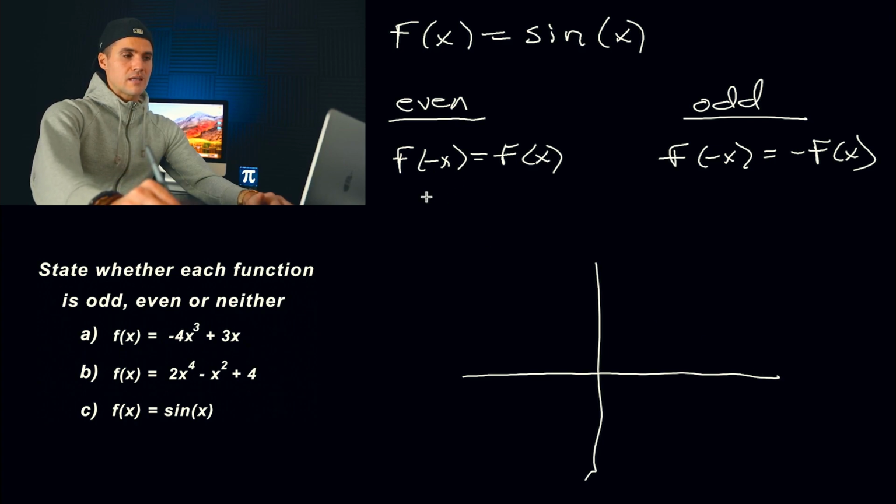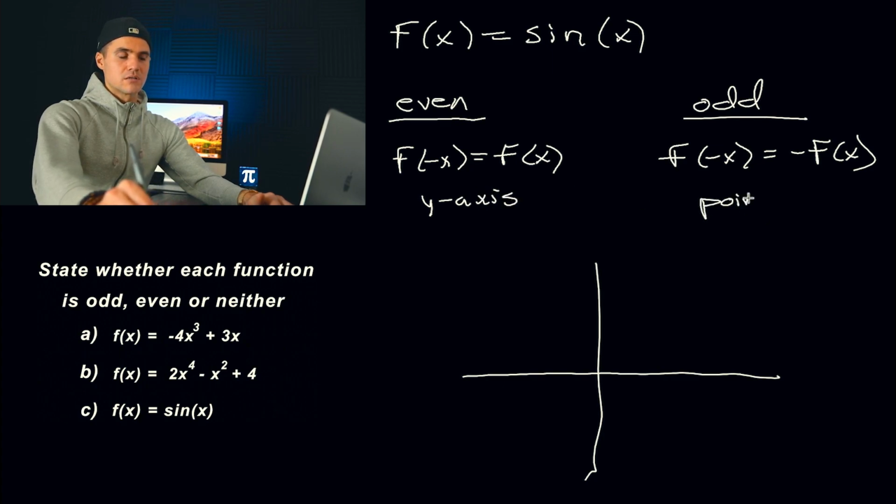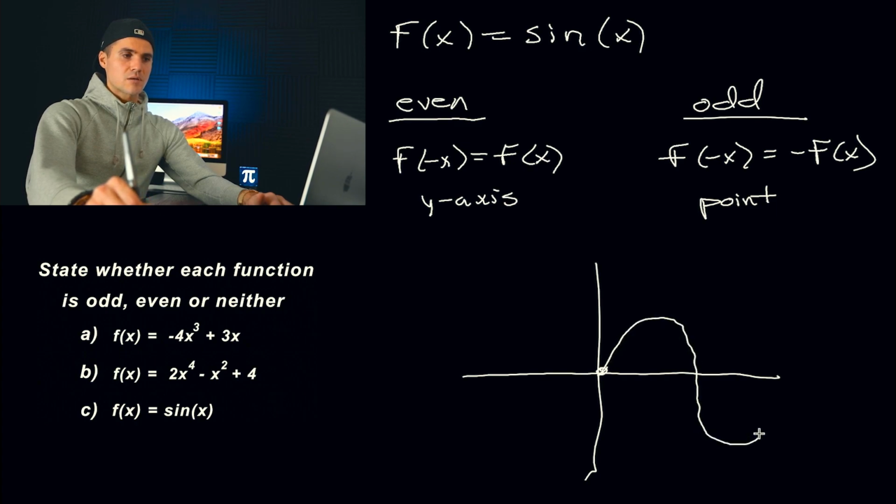So remember, an even function, it's going to be symmetrical about the y-axis, versus an odd function, it's going to have point symmetry. It's going to be symmetrical about the origin. If you remember, sine x starts at the origin, and it looks something like that. Keeps going on forever. I'm just going to make it go up to this point here for one cycle, and then the same thing happens here, like that.